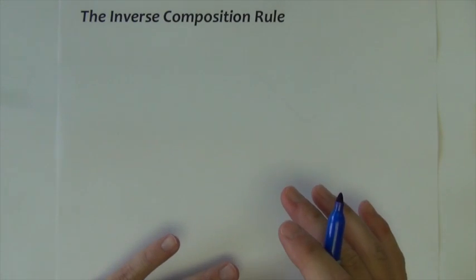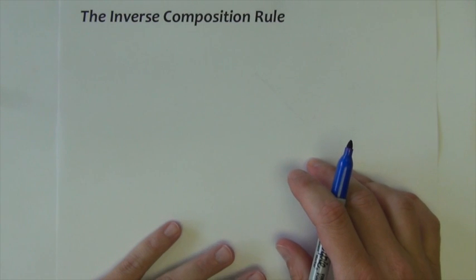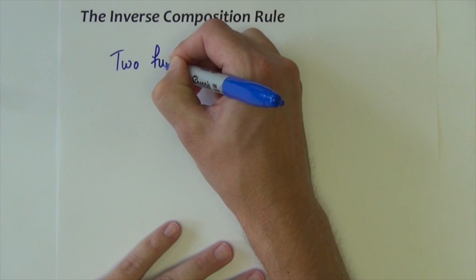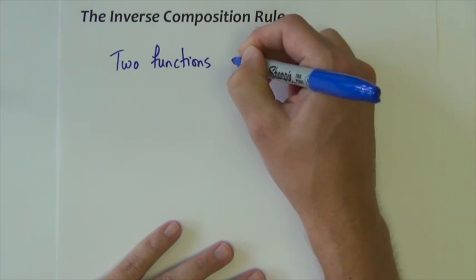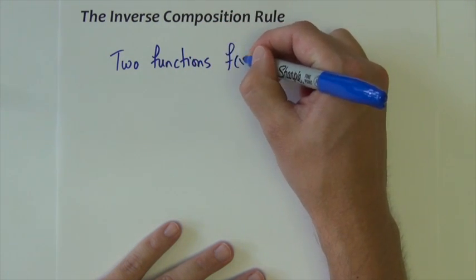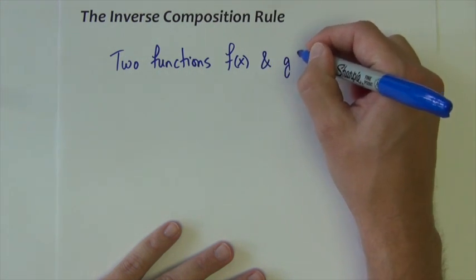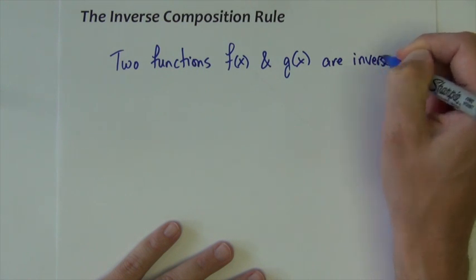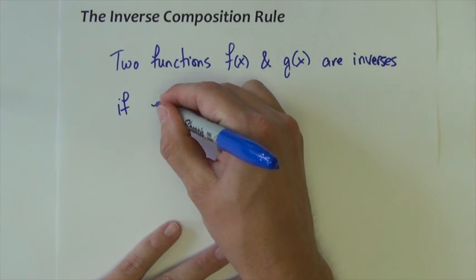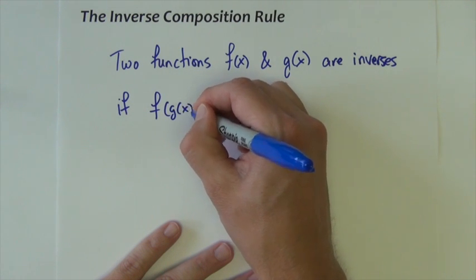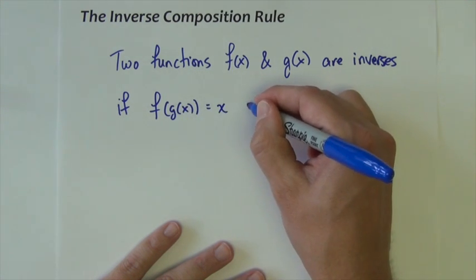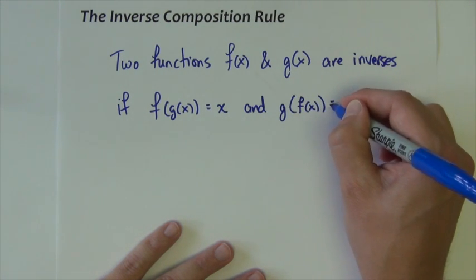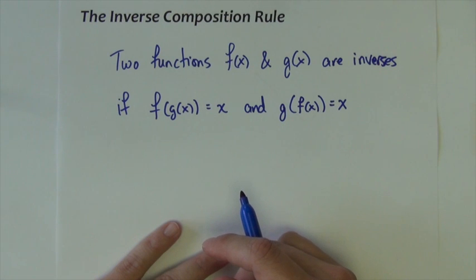Last thing I want to talk about in this section is called the inverse composition rule. It states that two functions, let's name them f of x and g of x, are inverses if f of g of x equals x and g of f of x equals x.